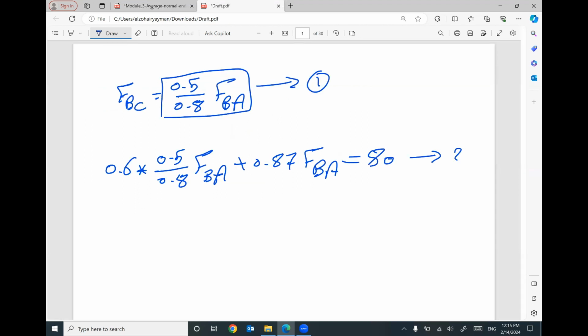From this equation, I have only one unknown, which is FBA. I can figure it out. So 0.6 times 0.5 divided by 0.8 plus 0.87, divide 80, inverse.